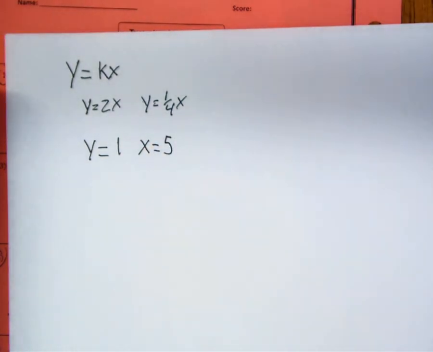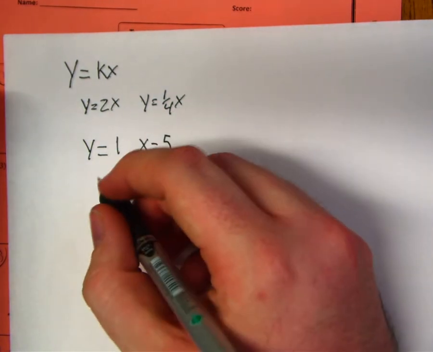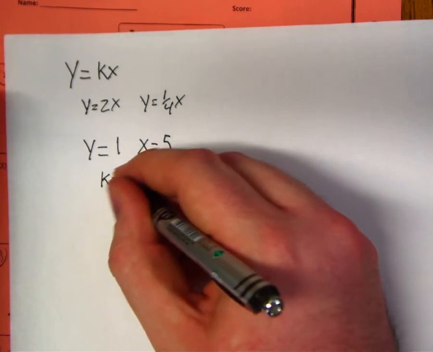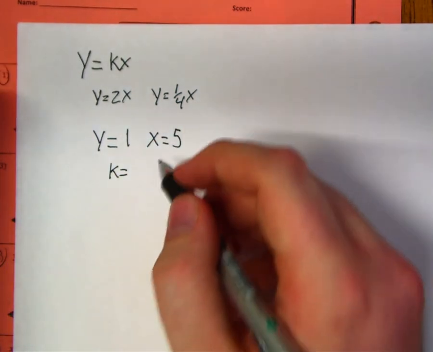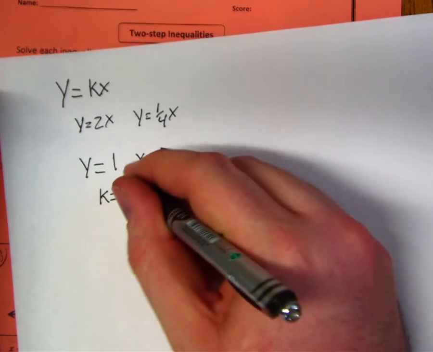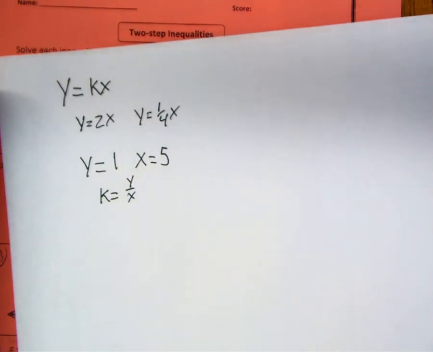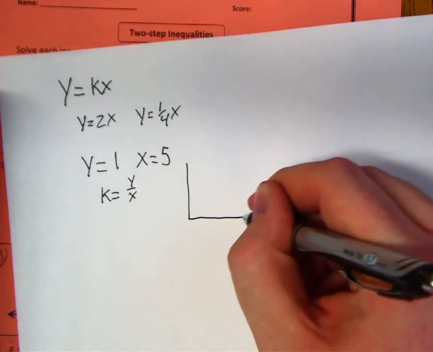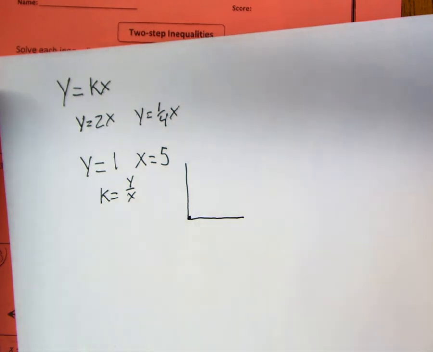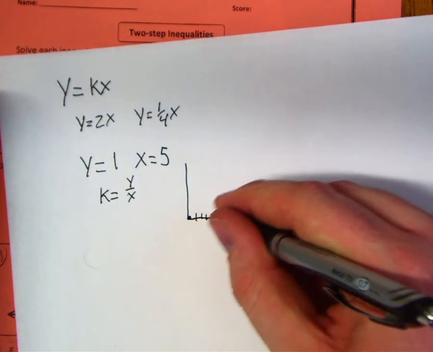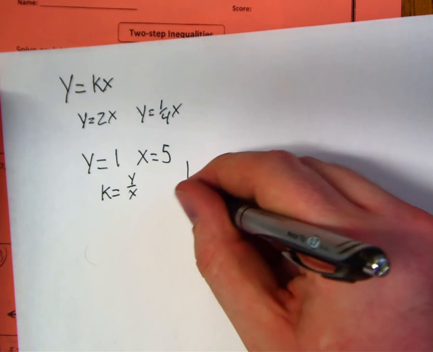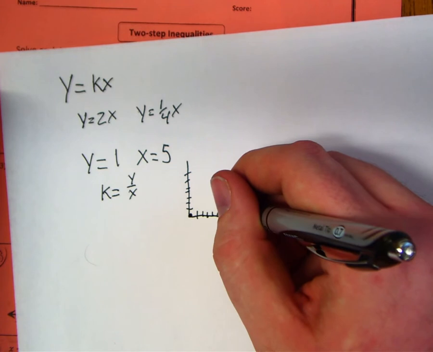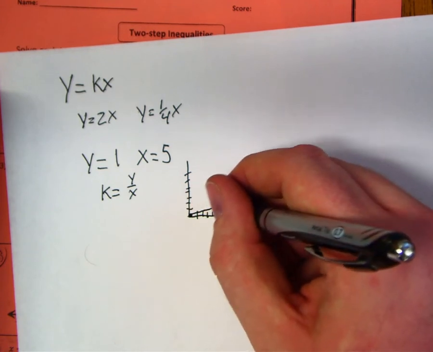Well, keep in mind from our fact family scenario, from our notes there, we know that k is just equal to y over x. Or if we were graphing, we've been told we have a direct variation, so we have a proportional relationship, which means if we make our graph, and we think of it as y equals 1 and x equals 5, we have a line that looks like that.